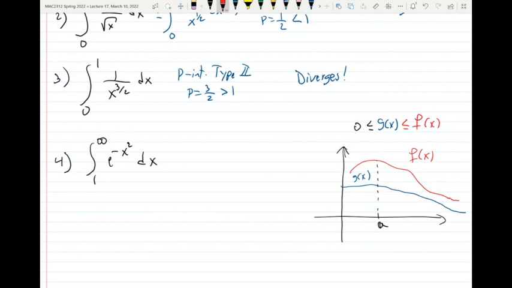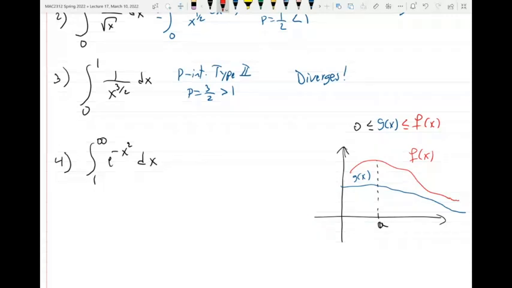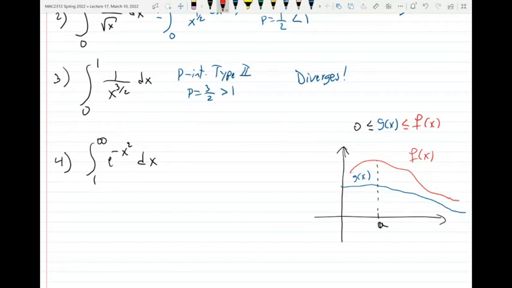Okay? All right. And let's say that the function g is a function that is pretty complicated to compute. Okay? That if you want to figure out the integral of g, you cannot, or it's super hard to compute. But the function f is kind of easy to compute, or it's something that you know how to compute. Okay? If the area under the graph of f equals a finite number, what do you think we could say about the area under the graph of g?